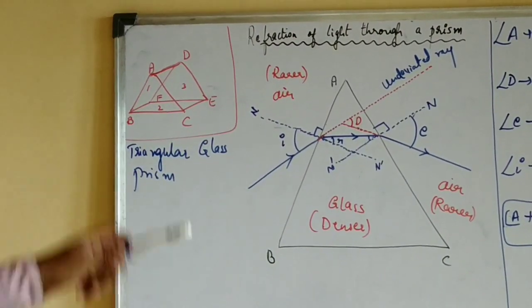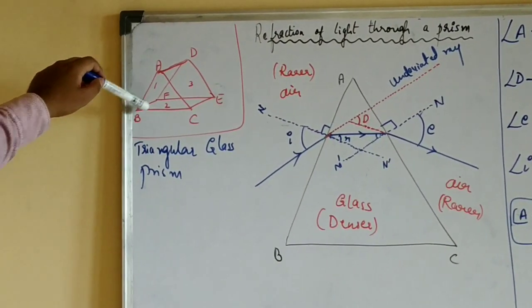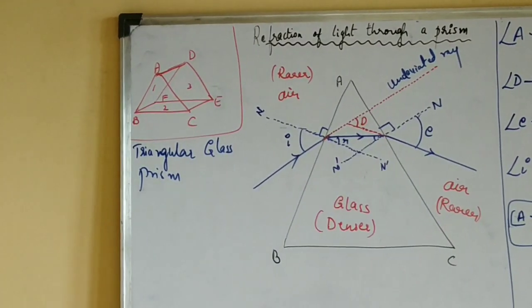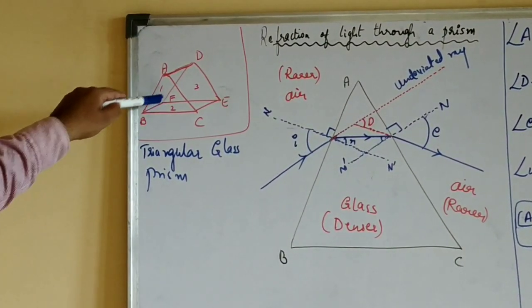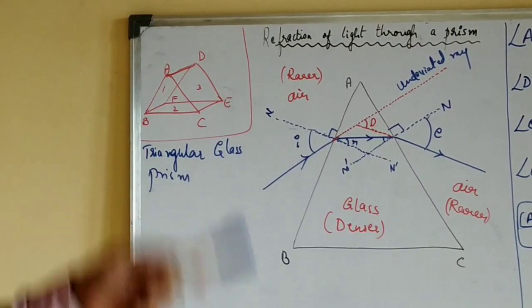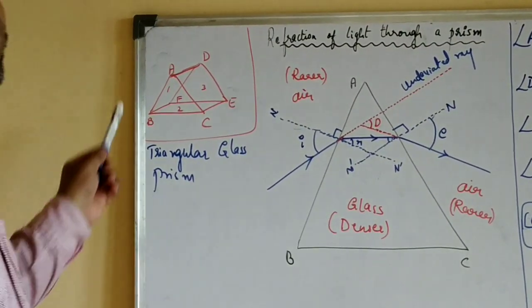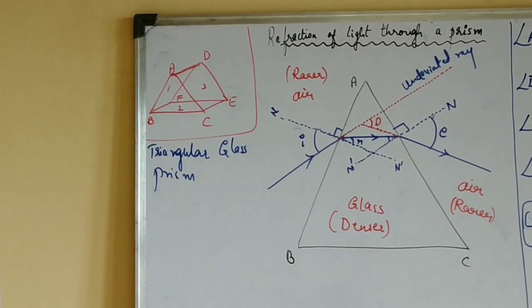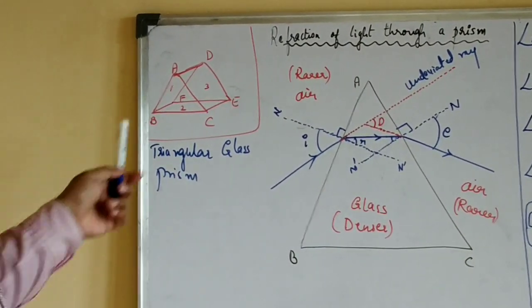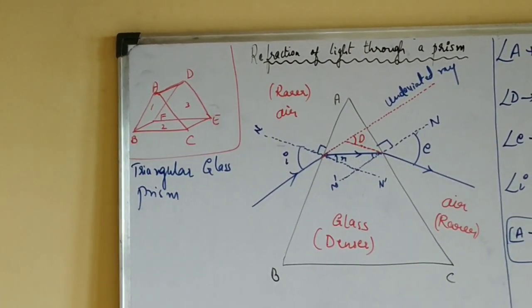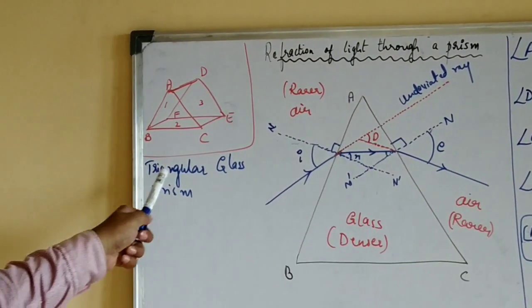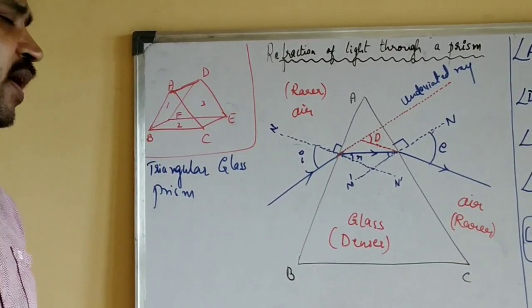Next, A, B, F, D. One more rectangular face is B, F, E, C. So three rectangular faces, or you can say three rectangular lateral surfaces, and two triangular bases. This comprises the triangular glass prism.